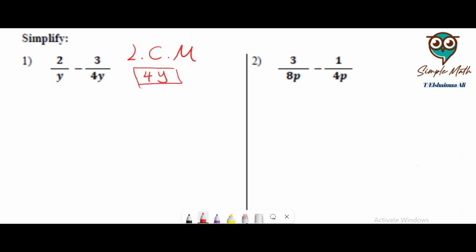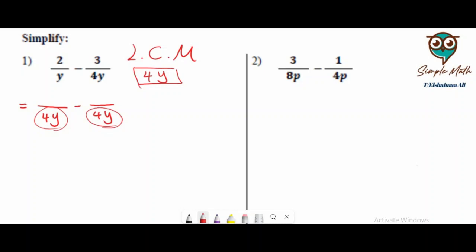Okay, so we can rewrite the two fractions. It is equal to the first fraction, and we need to put 4y for the denominator, minus also 4y. To get the difference between these two fractions, we must have the same denominator for both fractions. So here we have 4y as the common denominator.